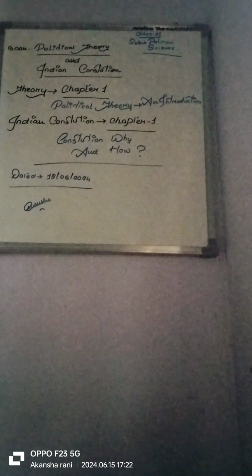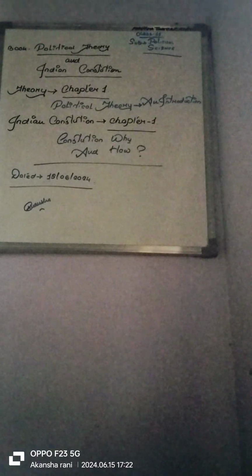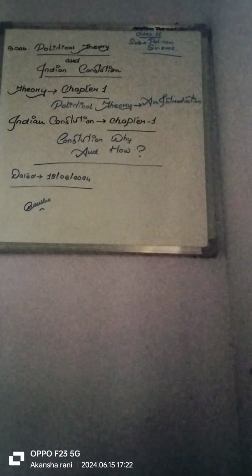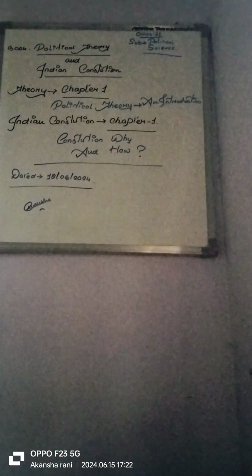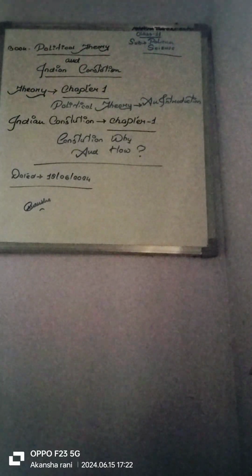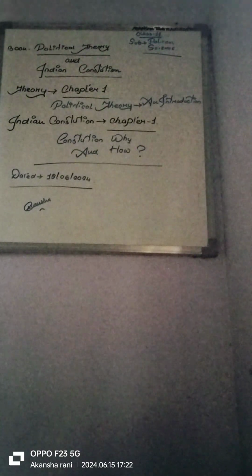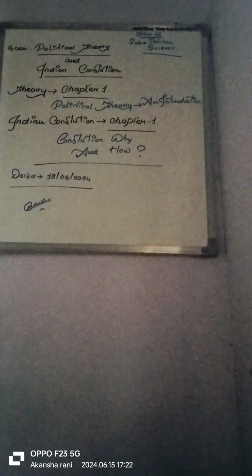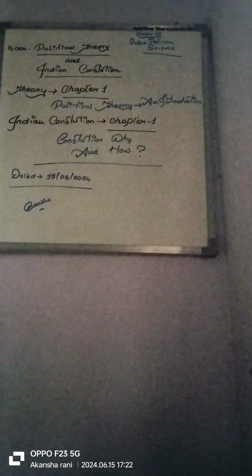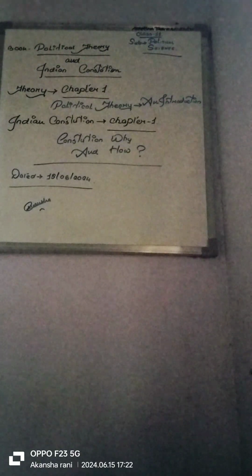Of the 296 members, 212 were put in the general category.